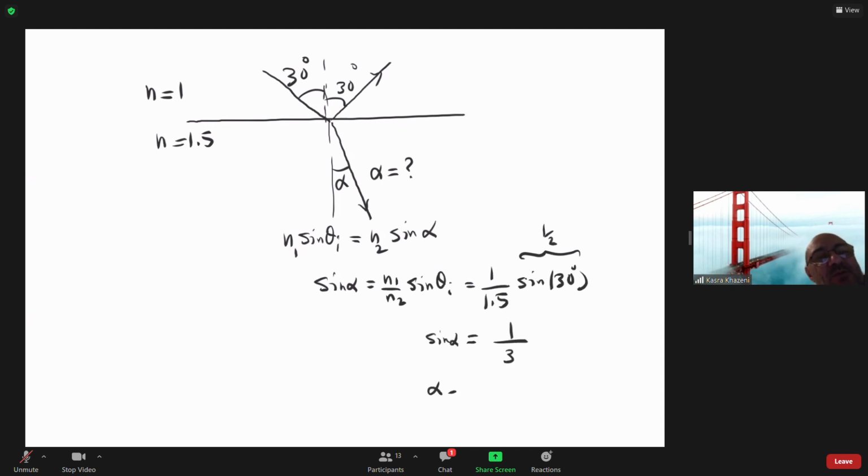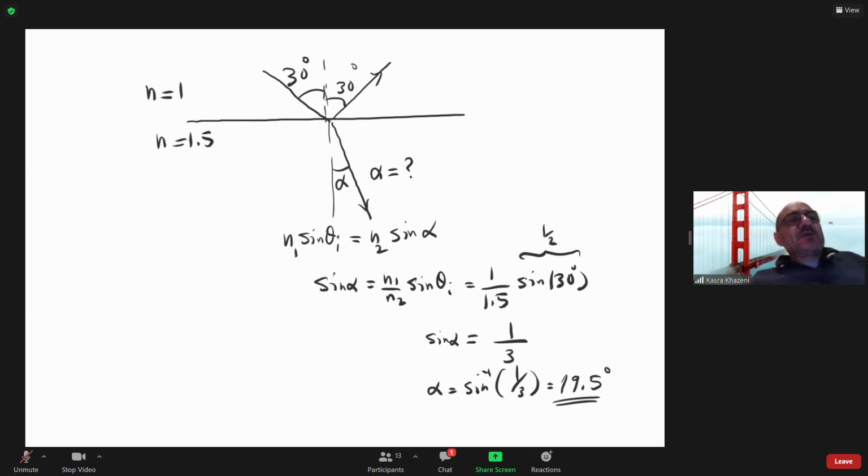So alpha would be sine inverse of 1/3. Of course, I don't know what that is, I have to go to my calculator. So 1 divided by 3 is that, and then sine inverse of that is 19.5.